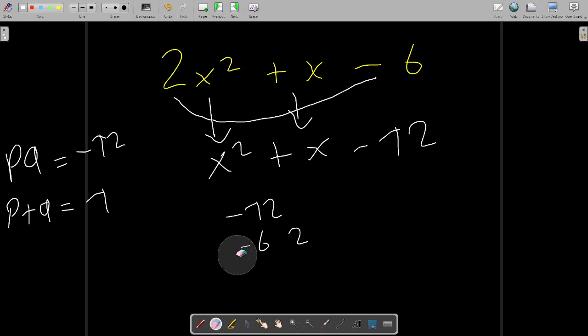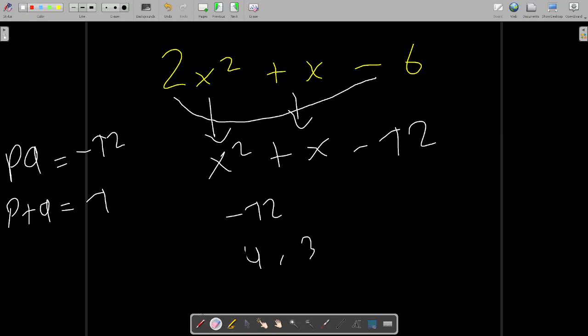What about 6 and negative 2? 6 times negative 2 is negative 12, but 6 minus 2 is 4. That is not 1. Next one is 4 and 3. Let's try negative 4 and 3. Negative 4 times 3 is negative 12, but negative 4 plus 3 is negative 1, and that is not 1 right here.